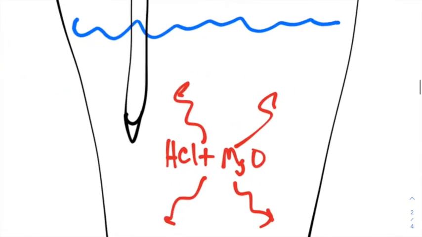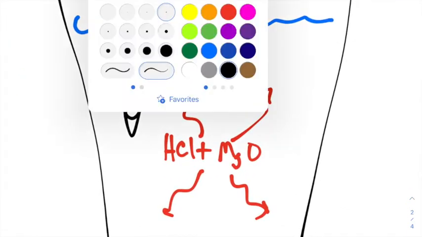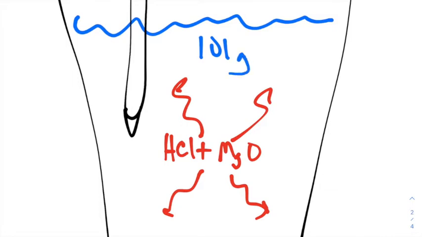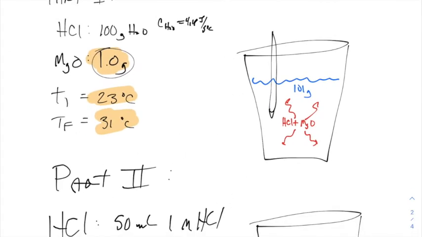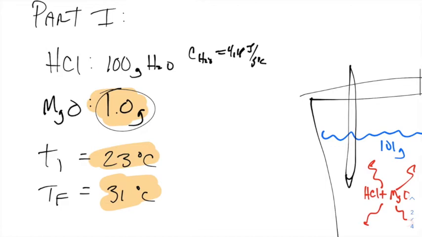So in reality, we've got about 101 grams of substances that are actually changing temperature in this. And on the AP test, they're going to want you to include that extra 1 gram from the solute that is going in there. So again, we've got a couple of little assumptions there, but that's going to get us pretty close to what is going on. So that's our data there for part 1.